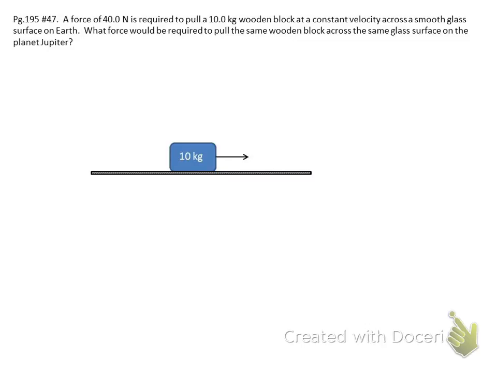All right, I'm sliding a 10-kilogram block here on Earth across a smooth glass, and this is just a normal equilibrium force problem. It's at constant velocity, so I'm in equilibrium in all dimensions. So if I have a 40 Newton pull force and I'm at constant velocity, then my force of friction also has to be 40 newtons.